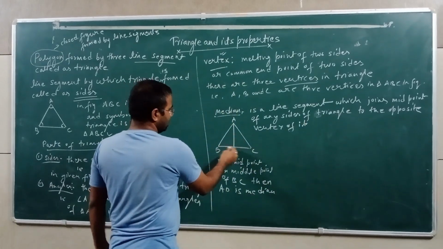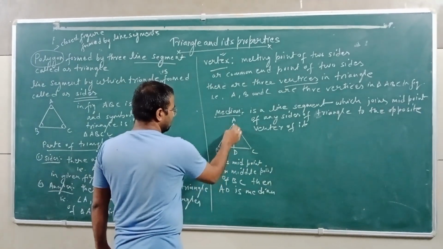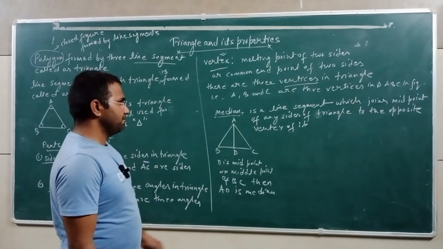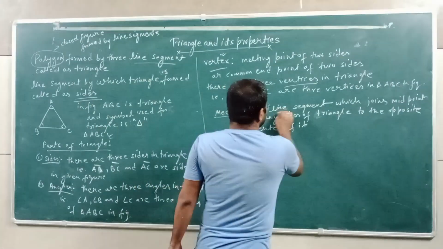So see here, this is the middle point of this side, and this A is the opposite vertex of this side. So this is the line segment.